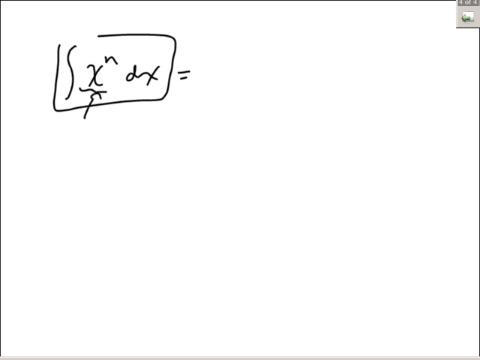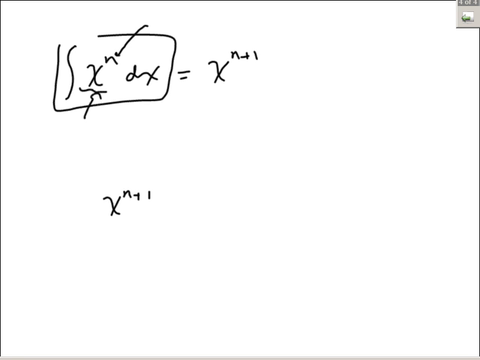Well, whenever you take the derivative of x to a power, the power always goes down 1. I took the derivative of something and I got x to the n. So what I'm taking the derivative of must be x to the n plus 1, I meant to say.